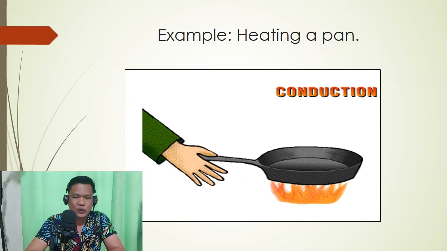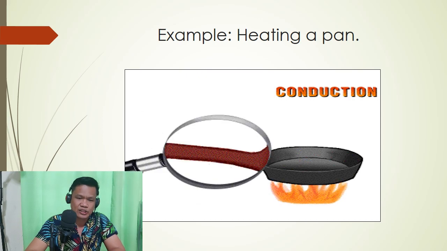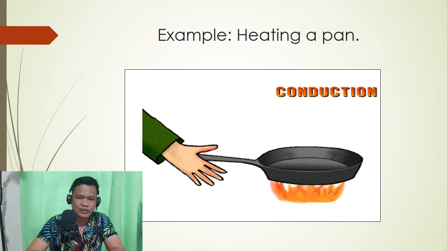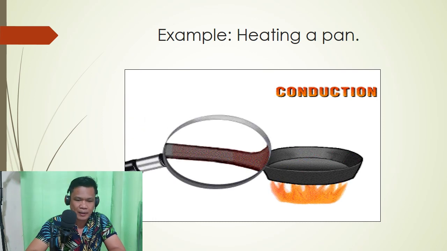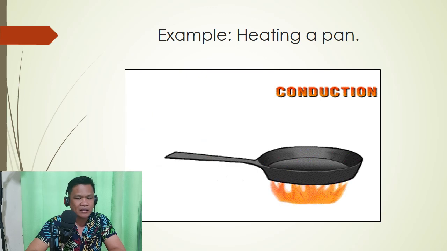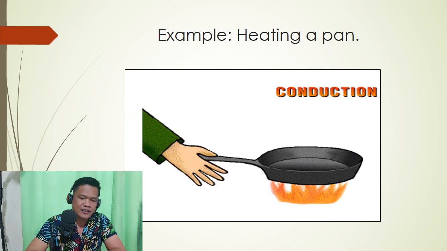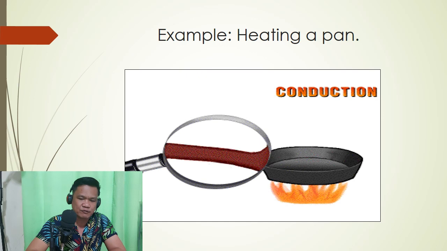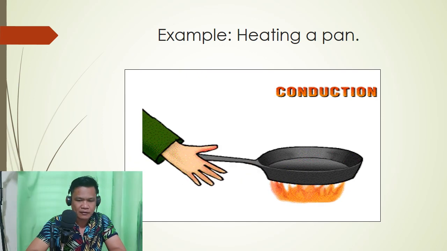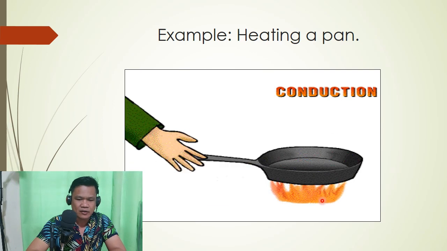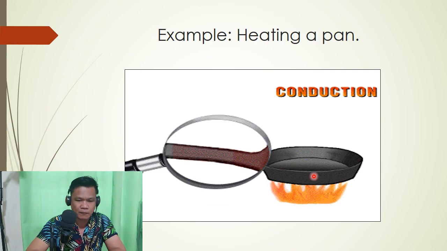In this slide, you will see an example of conduction. For example, you are cooking using a pan, and the handle of the pan is also metallic. You will observe that heat is being transferred from the fire, or the source of flame, to the pan.